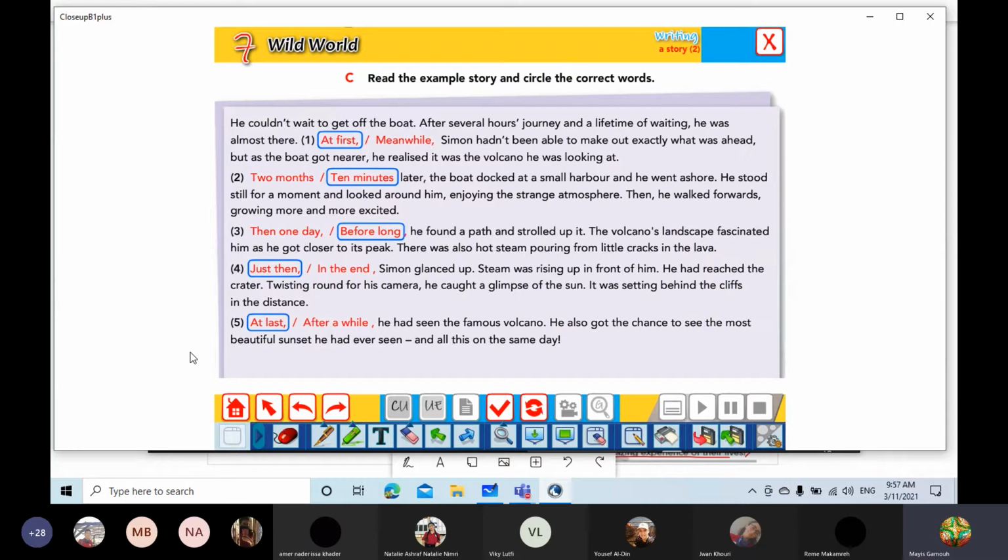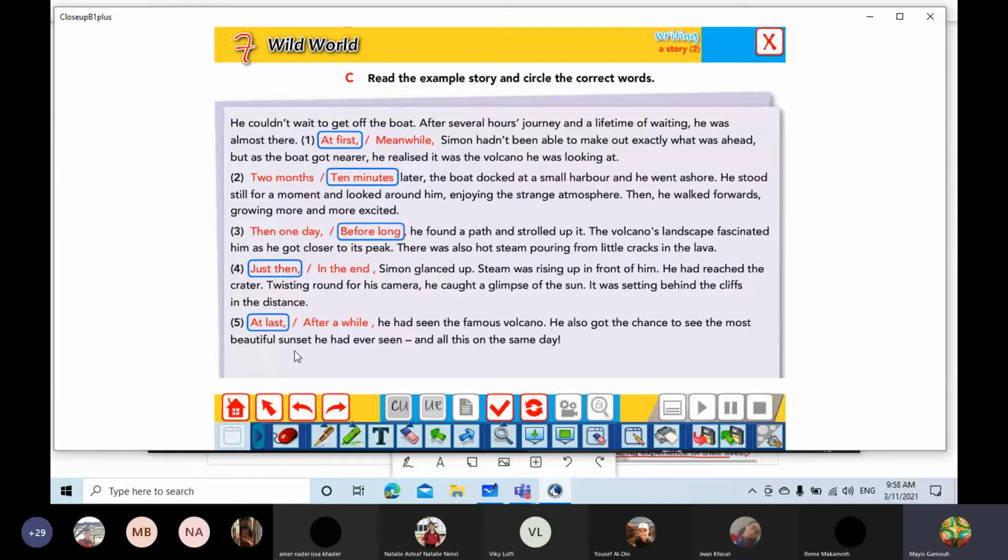So we have to use one of the sequencing words that tell us that we got to our conclusion, the ending. So I have at last, and after a while, no, I should use at last at the end, last but not least. He had seen the famous volcano. He also got a chance to see the most beautiful sunset.